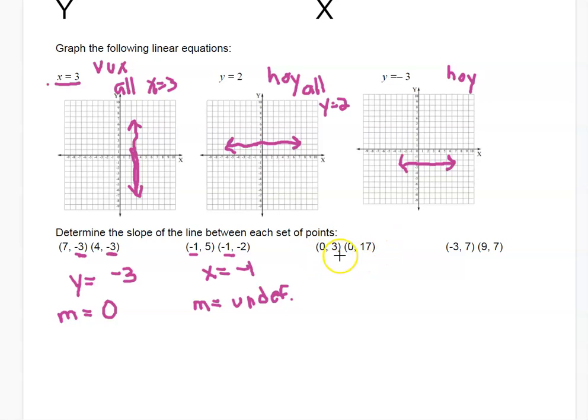Here, 0, 3, 0, 17. Wow. Okay, the x's here are 0. Okay, so that'd be x equals 0. By the way, we're also going to call that the y-axis. Okay, that's that bad boy right there. Okay, and the slope there would be undefined.